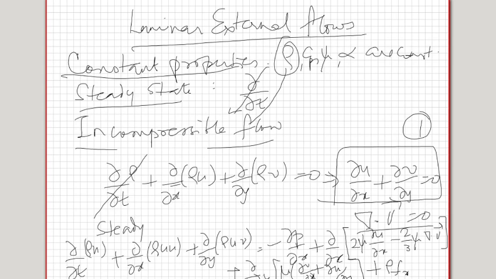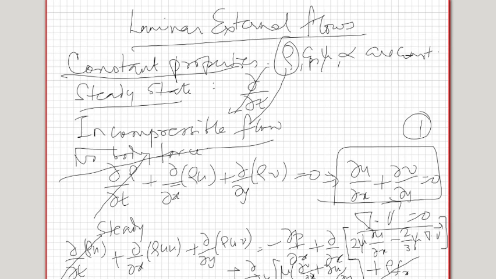The additional assumption that we will include here is no body force, so the gravitational terms are not important. So this term will go off because there is no body force, and this will go off because there is no transient. If I take the density out, rho will come out because it's a constant, leaving del by del x of u u and del by del y of u v.